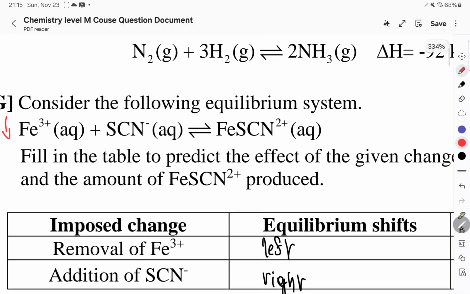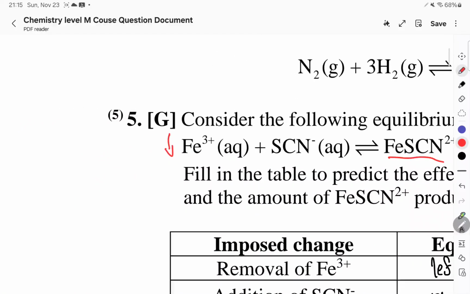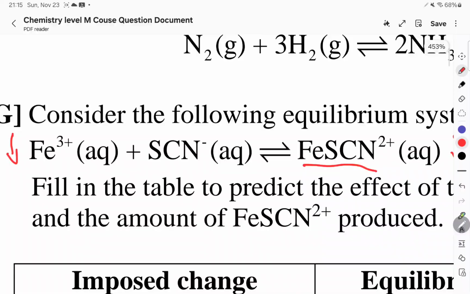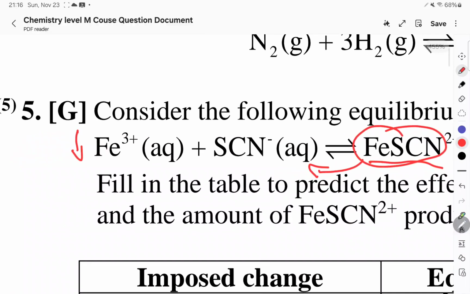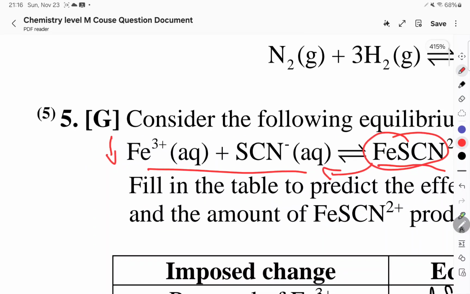The equilibrium counteracts this by decreasing the concentration of this, and then this decrease is because the concentration moves back from the products to the reactants.